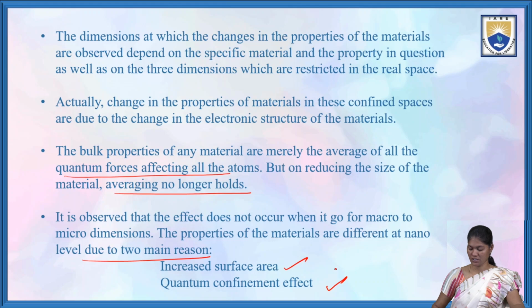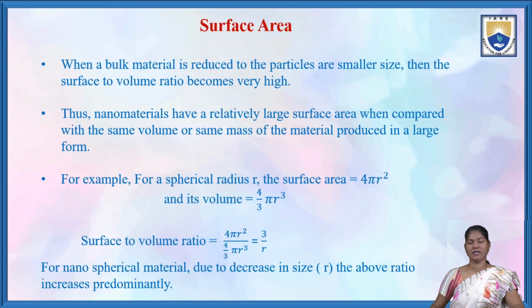Let's see what surface area and quantum confinement are. So let's see surface area. When a bulk material is reduced to particles of smaller size, the surface to volume ratio becomes very high.